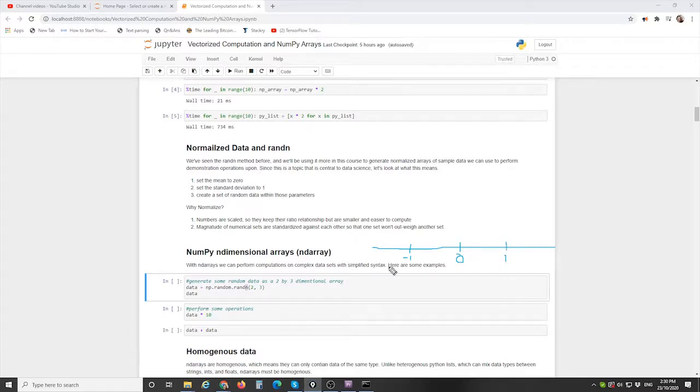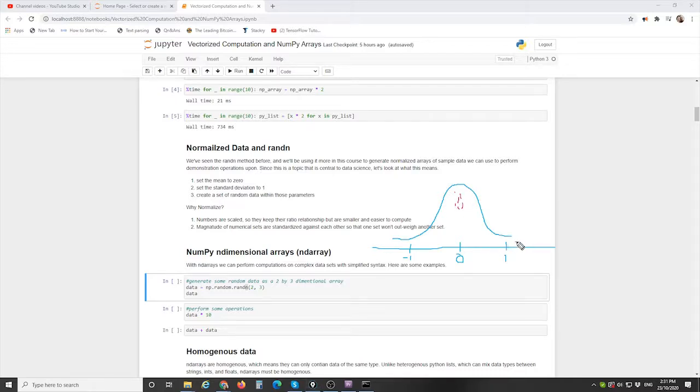Now when we normalize data, what we're talking about is centering the data on 0 and creating a standard deviation between -1 and 1. So what that means is the average, the mean of your data is going to be clustered around 0, and then the rest of your data is going to be dispersed on a random deviation between 0 and 1. So most of your data is going to be clustered here.